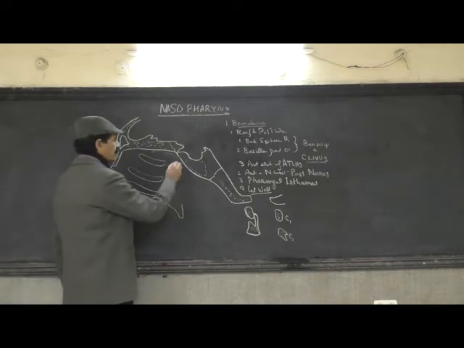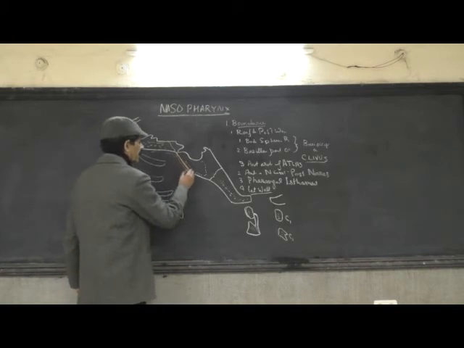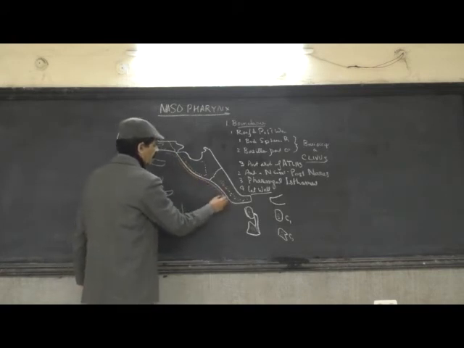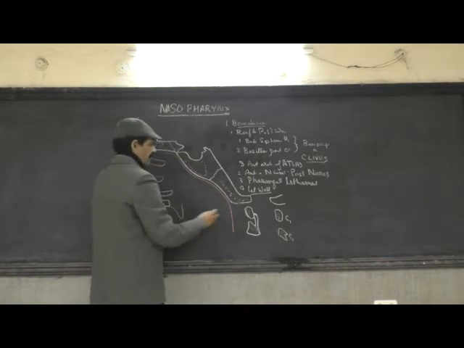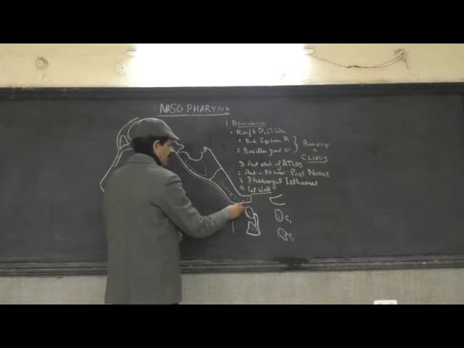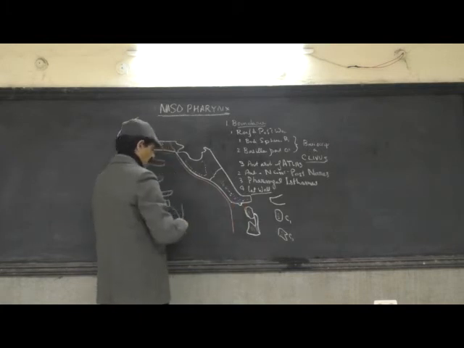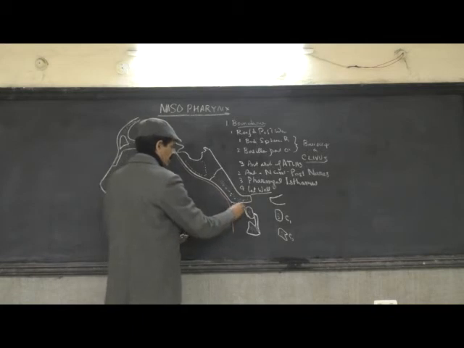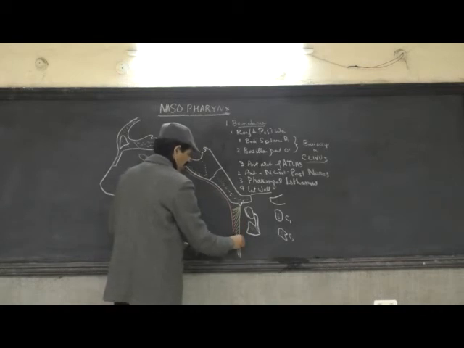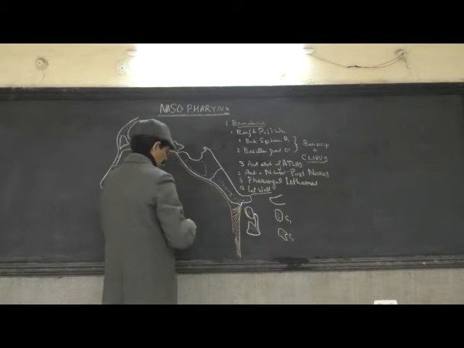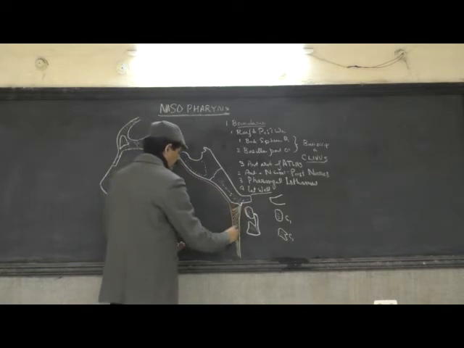As you know, it is lined by mucosa, and anteriorly here is the pharyngeal tubercle, and to the pharyngeal tubercle we know there is attachment of the superior constrictor and the pharyngeal raphe. So this is the pharyngeal wall, covered internally by the mucous membrane.